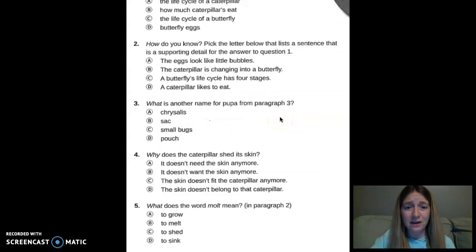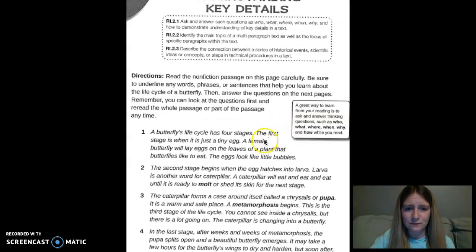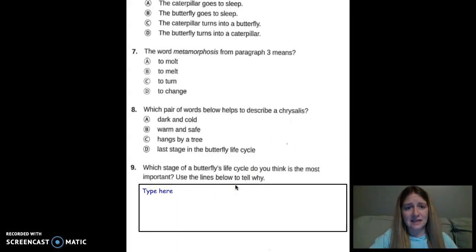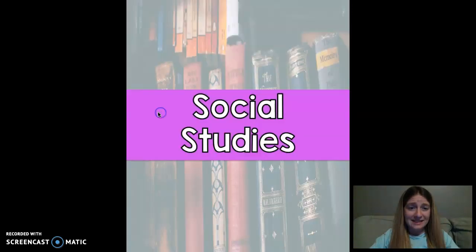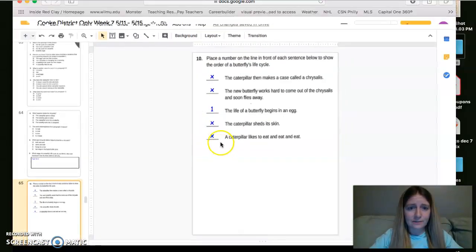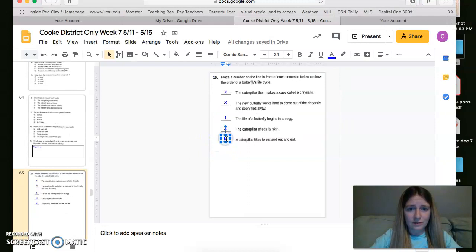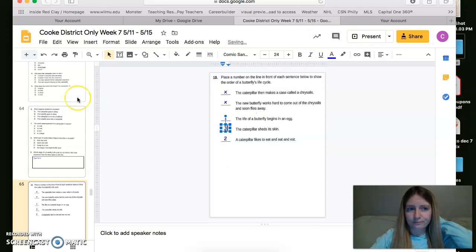That was in the paragraph, but I don't remember which one was first. So let's see. It will eat and eat and eat until it's ready to molt and shed its skin. So I know it has to eat first. So I'm going to put a 2 there. And then a 3. It'll shed its skin after.